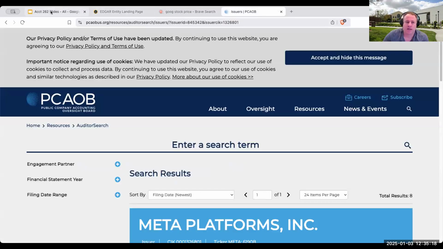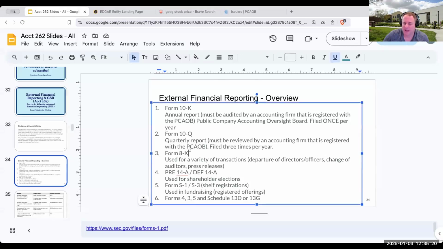Next over here we have a Form 8K, and I'm going to go into this a lot more in depth.